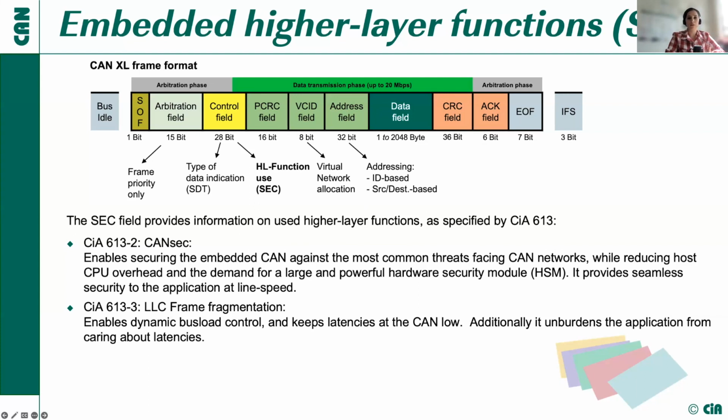CANsec is a practical solution to secure the CAN bus against the most common threats facing CAN networks, while reducing host CPU overhead and the demand for larger and more powerful hardware security modules. And frame fragmentation enables dynamic bus load control and keeps latencies on the CAN low.